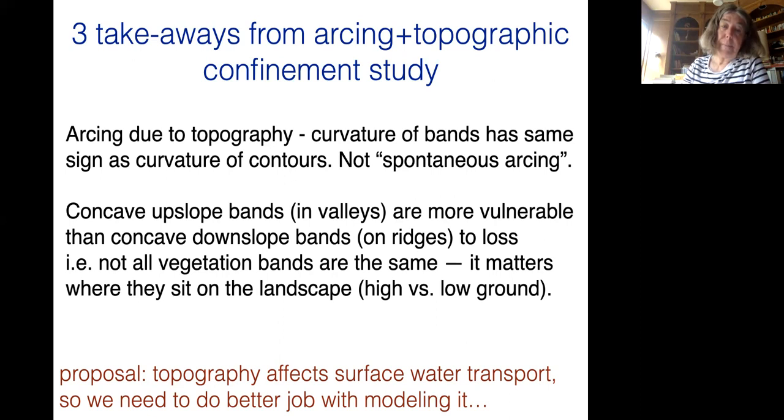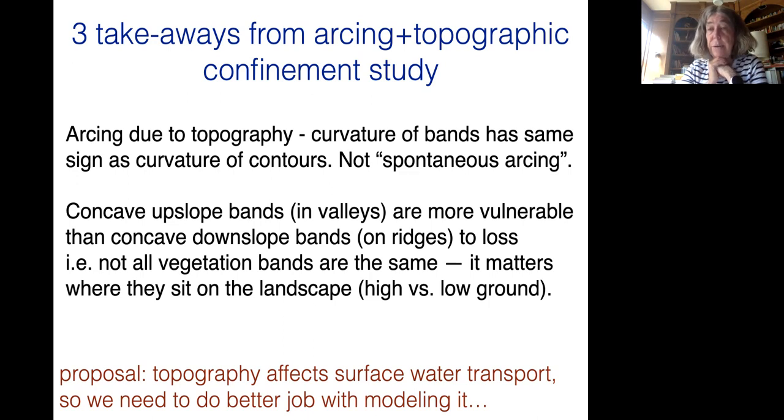And we came away with this idea that if you have concave upslope bands in valleys, those are going to be more vulnerable to collapse than the convex downslope bands on ridges. So we found that it was really attractive to combine these satellite images with elevation data. This idea that the bands may tell us something about how close we are to a collapse of the ecosystem might be a factor to include.